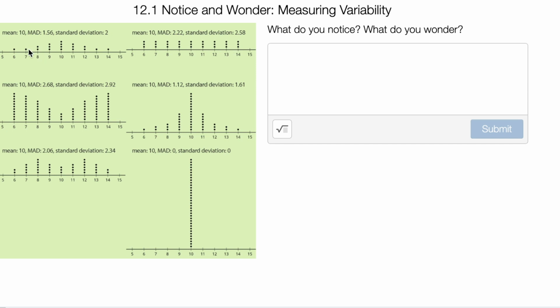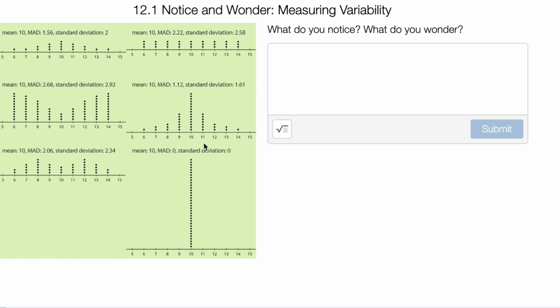You can see that all of these have the same mean. All of these data sets have the same mean of 10. You can see that mean absolute deviation and standard deviation are larger for some dot plots and smaller than others.